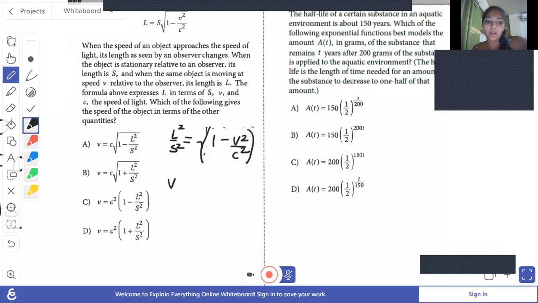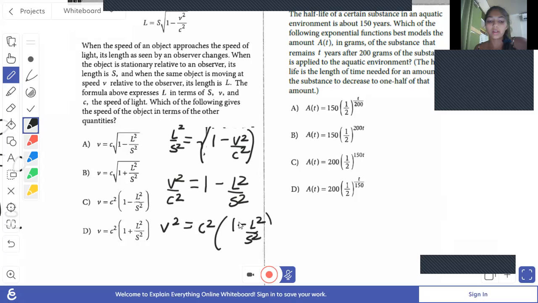So we have v squared over c squared equal to 1 minus L squared over s squared. Right, and then I'm going to multiply both sides by c squared. So we have v squared equal to c squared times (1 minus L squared over s squared).